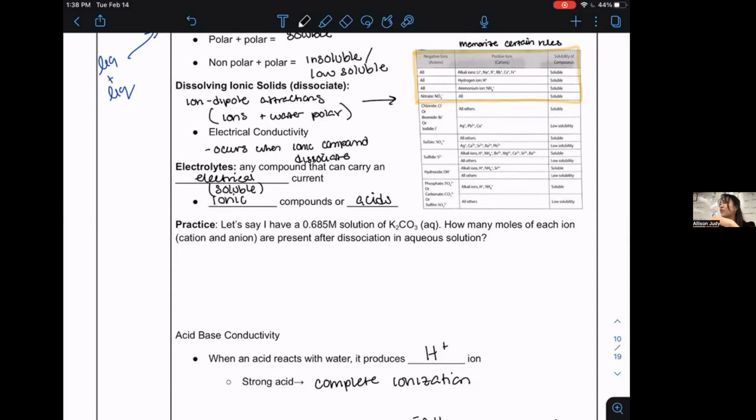It would also be qualified as an acid. An acid is a subcategory within ionic compounds. So soluble ionic compounds and soluble acids within that are all considered electrolytes because they all dissociate. They all have now free charged ions running around in the liquid, and they all now can carry a current.